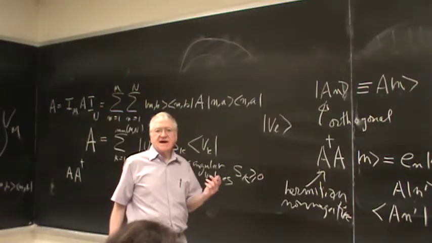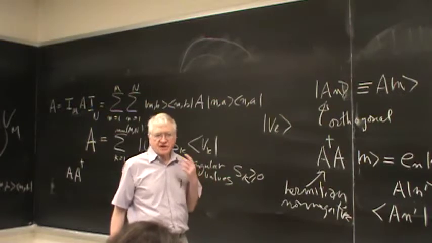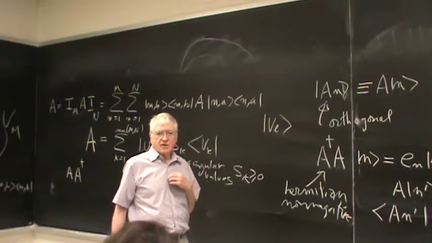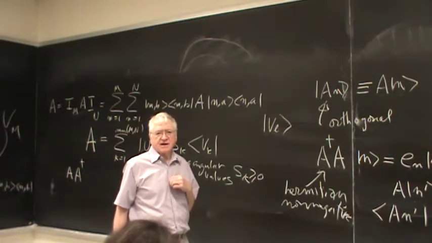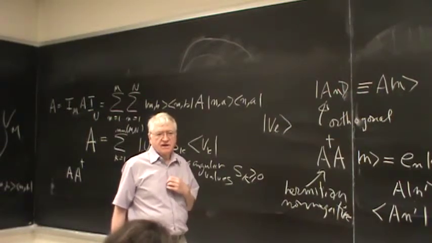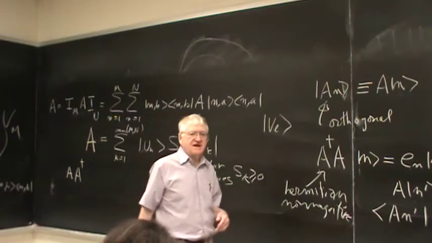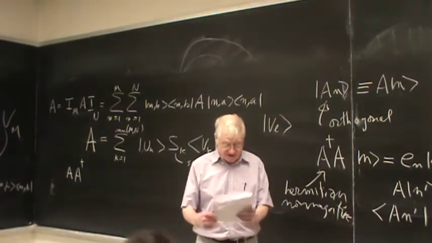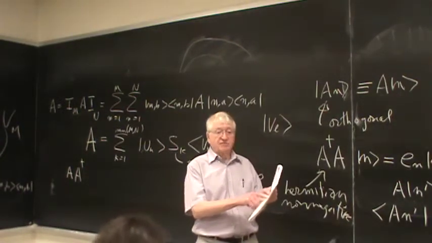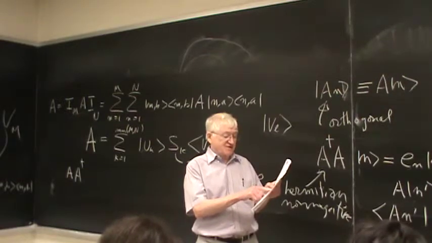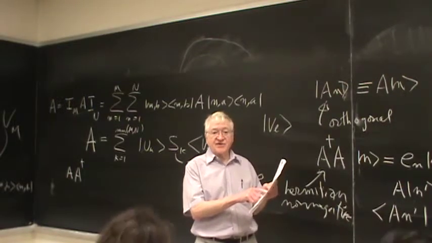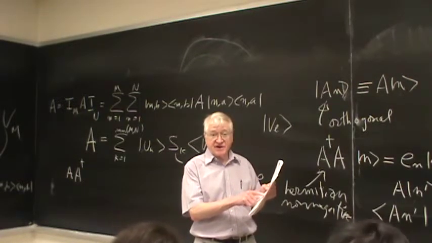So A dagger A and A A dagger are both non-negative matrices automatically. If you wanted, I don't have MATLAB running here, but you could just do what I did in that example. Example 1.46, I say x equals rand(3,3) plus i rand(3,3).